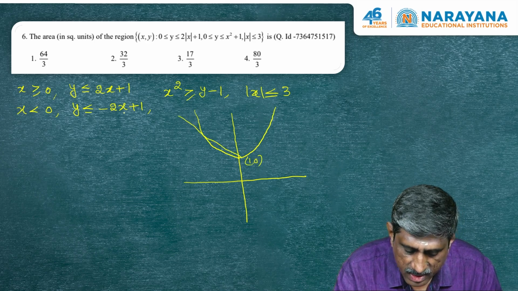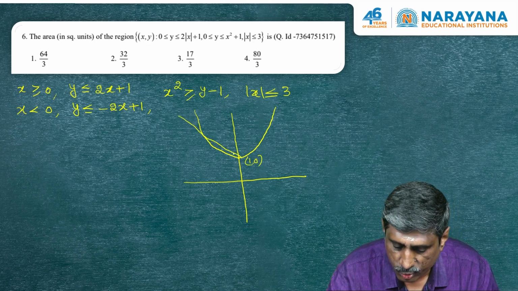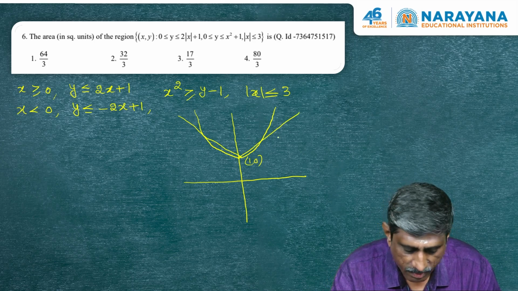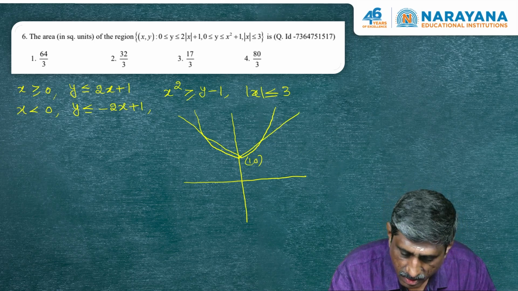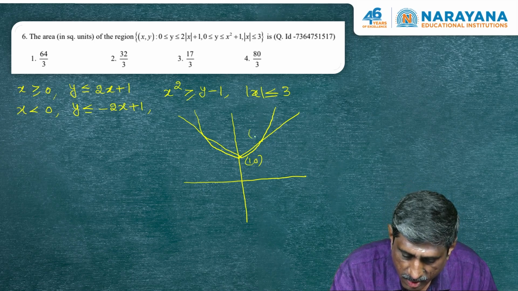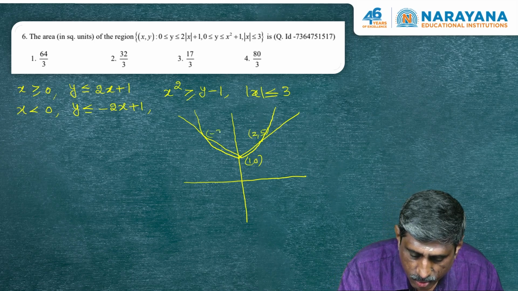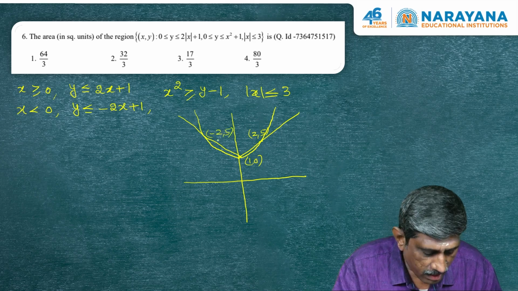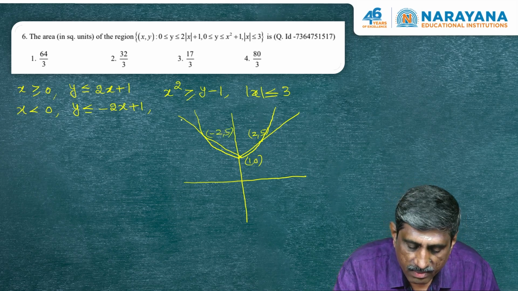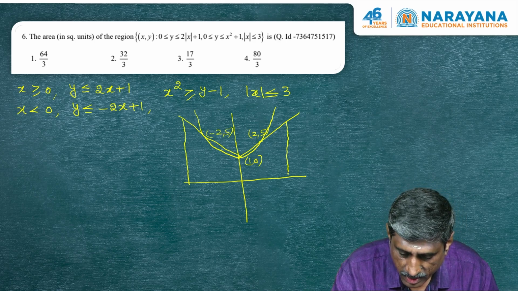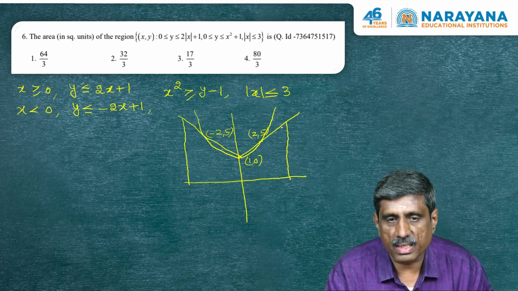This is y = −2x + 1, negative slope, and y = 2x + 1 for x greater than 0, positive slope. The points where they intersect are, this is the point (2, 5), and automatically this is (−2, 5). Since |x| ≤ 3 is given, here is the line x = −3, here is the line x = 3, and we are asked to find the area of this region.